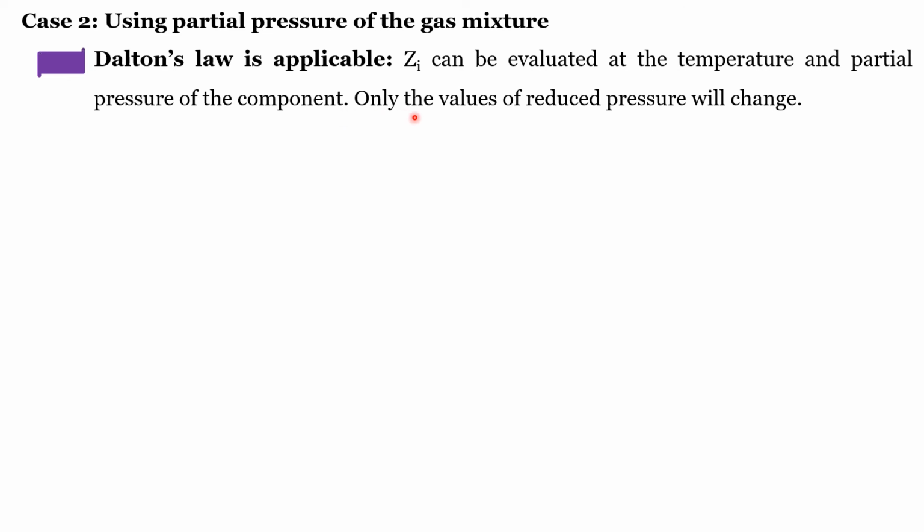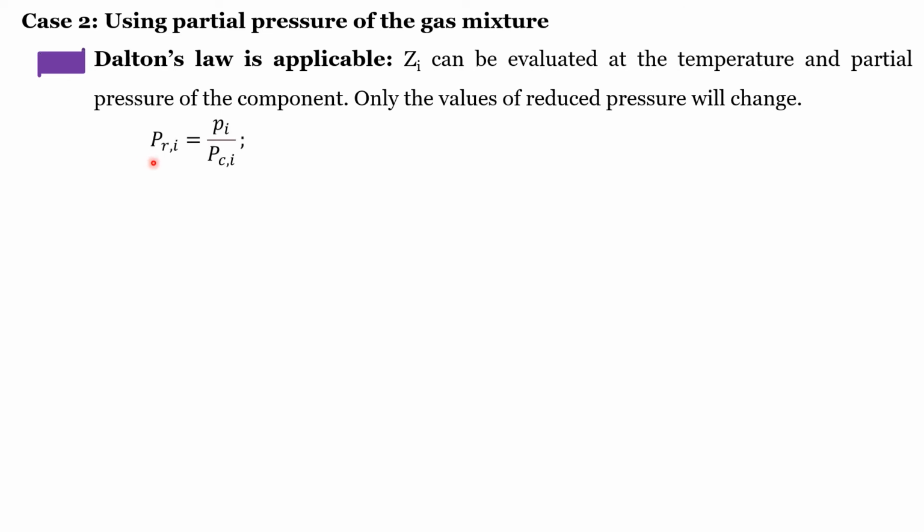Here we are only using the partial pressure and total temperature will remain the same. So there will be no change in the TR values, only PR values will change.